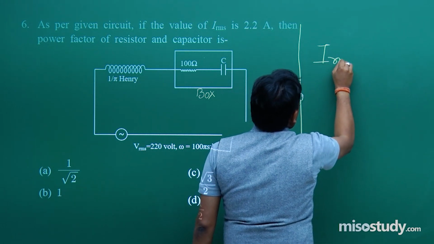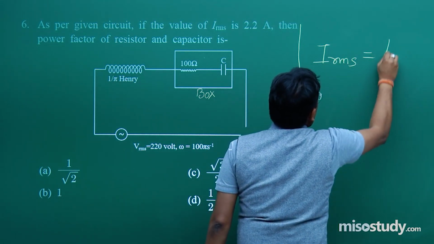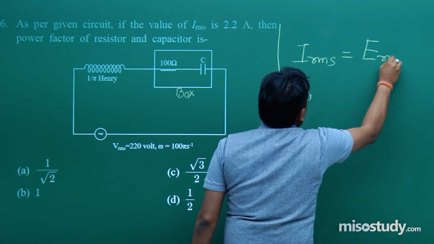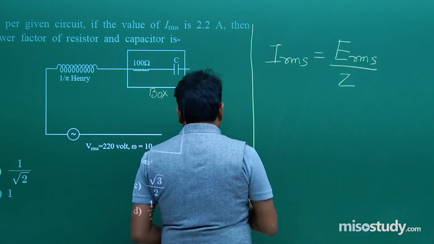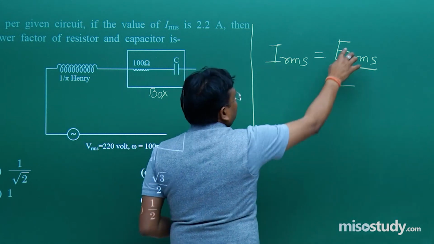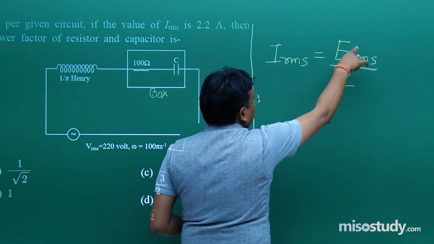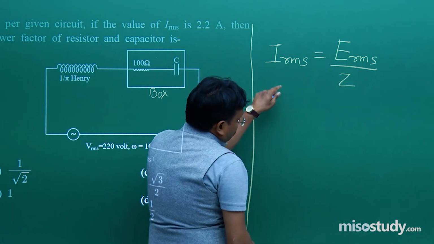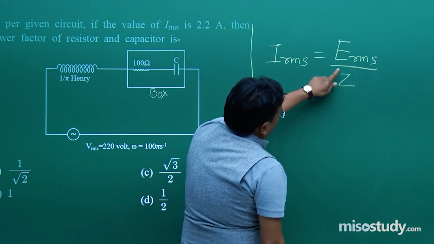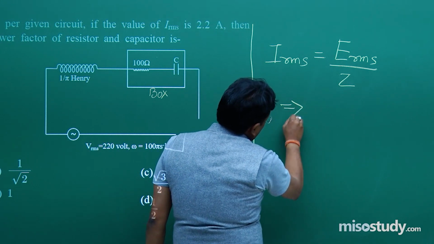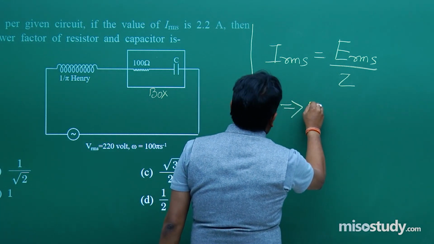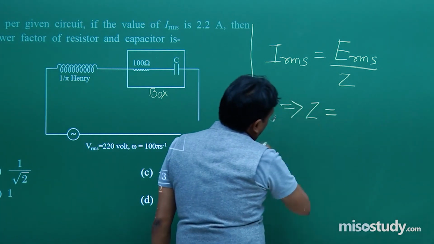IRMS is equal to ERMS upon Z. Or I would like to mention over here, this capital E is nothing but induced electromotive force. So, IRMS is equal to ERMS upon Z. So, from here Z is equal to how much?